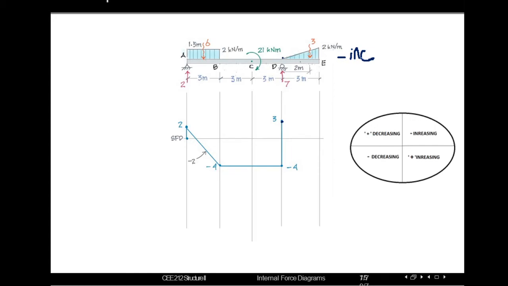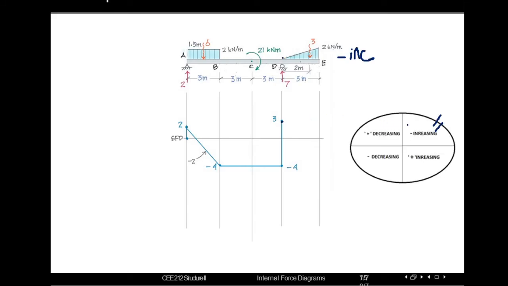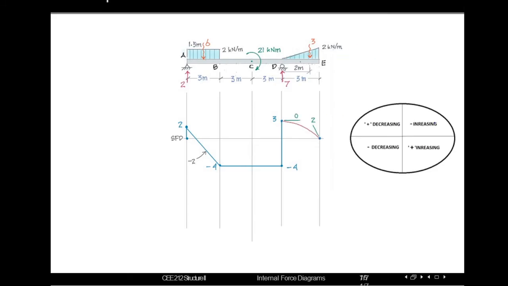So negative, and as the shape is increasing, negative increasing, so the line will be this one. As the summation is 3 and -3, which is 0, we have selected this line, so just plugging this line here, we will complete our shear force diagram.